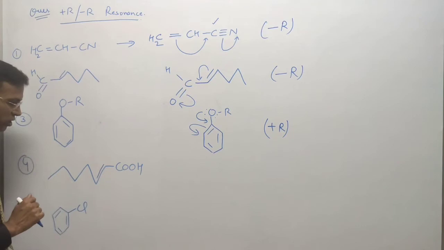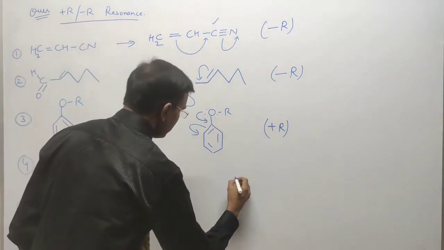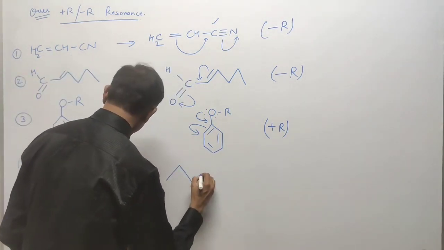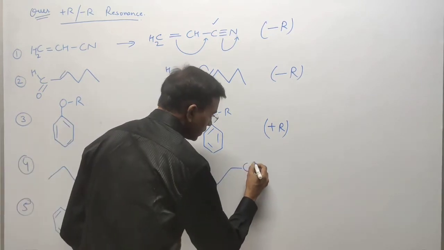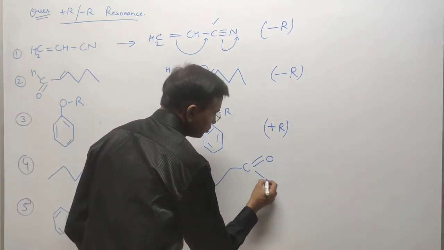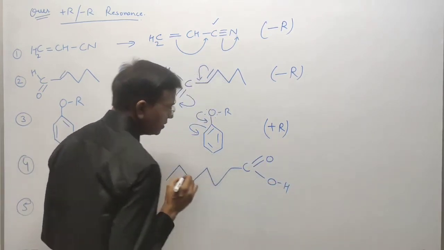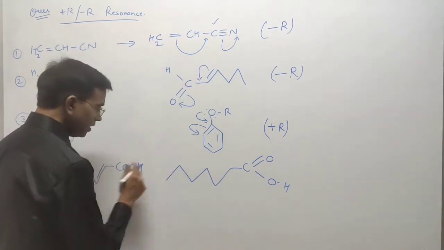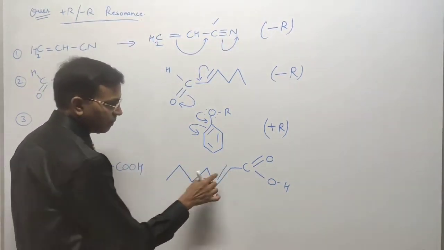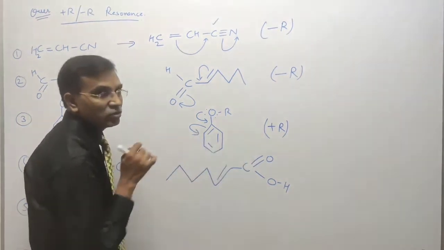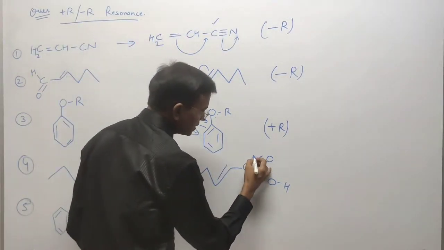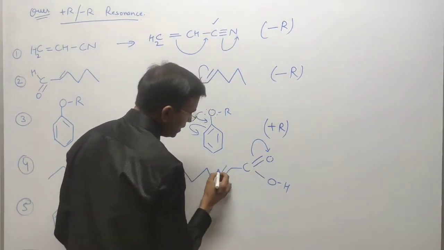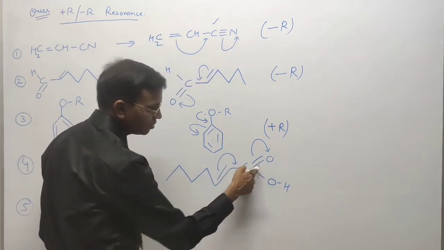So in this question, if I am going to write it here, this is the acid group. Right? So here the pi electrons are there, sigma and pi electrons. Here the conjugation is present, and oxygen is more electronegative than carbon.